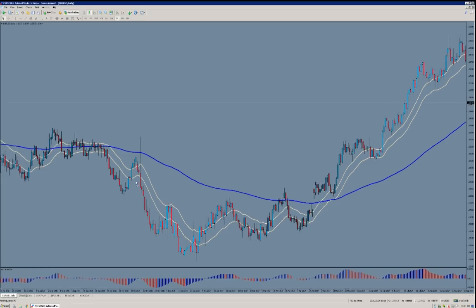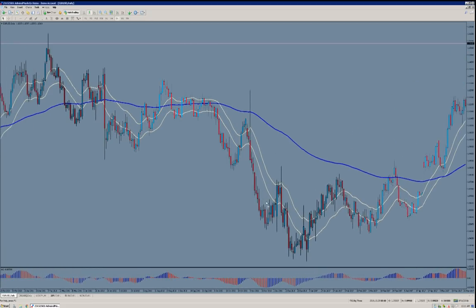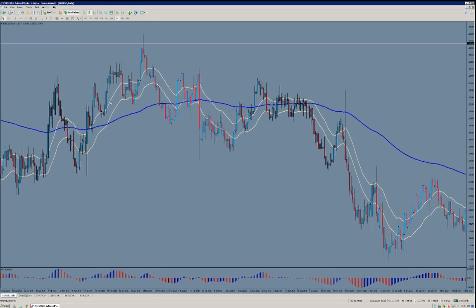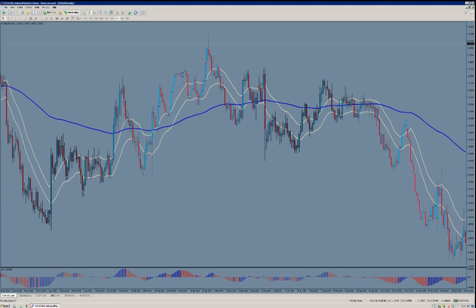You don't want to base any trading decisions on moving averages while they are intertwined like this, because that will lead to many wrong results.